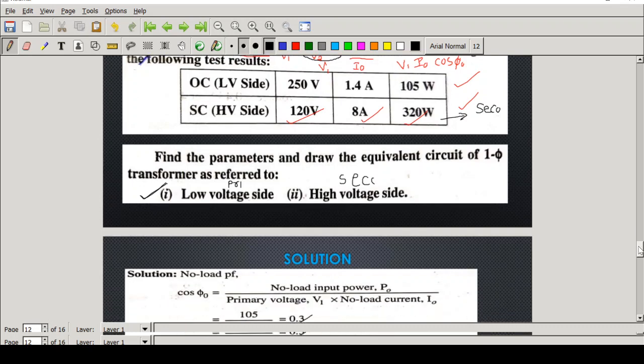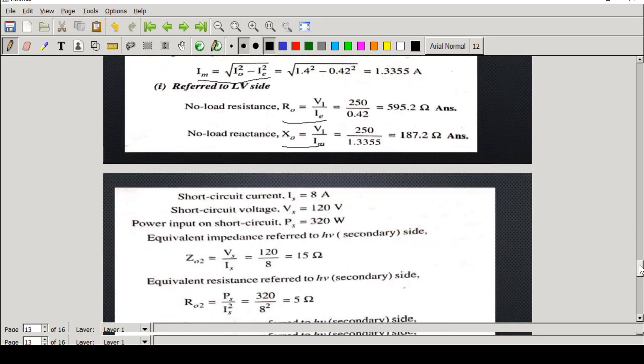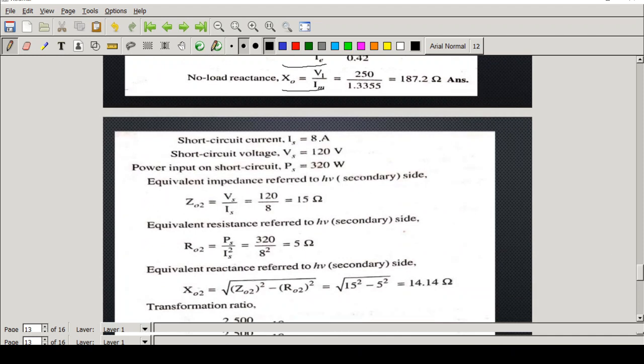Okay, so let's see. From the short circuit test, which is done on the high voltage side, that too on the secondary side, current is here, voltage is here, power is here. So we can find Z. See here, it is Z02 because we are getting the value in the secondary. That is equal to V by I. Then you will get the value of impedance. Then of course we can find resistance.